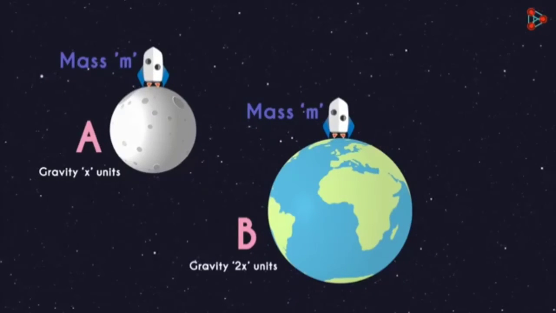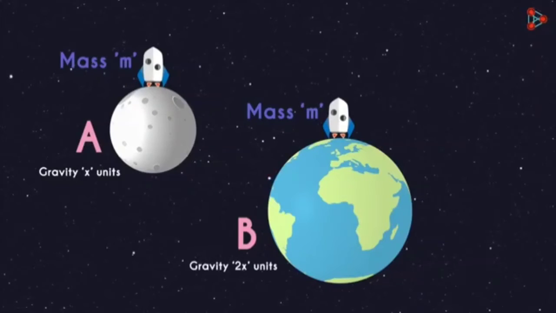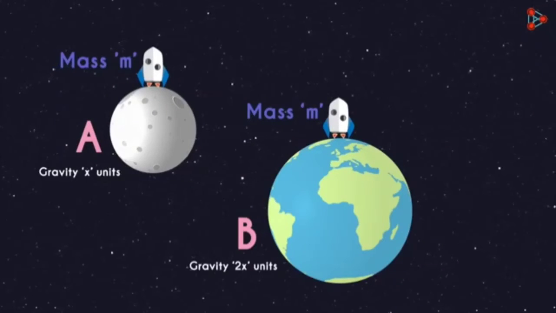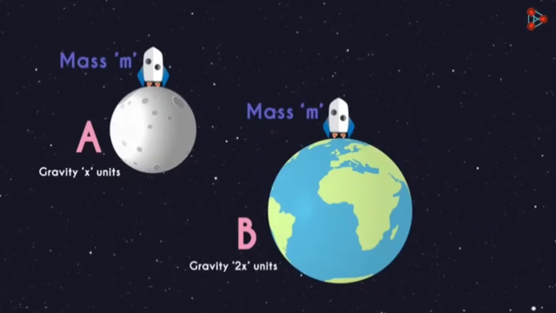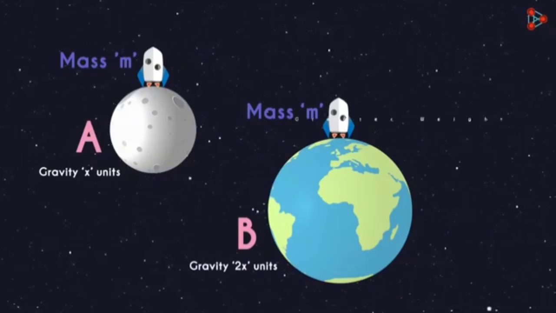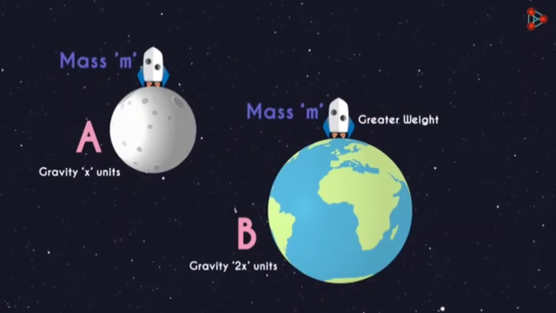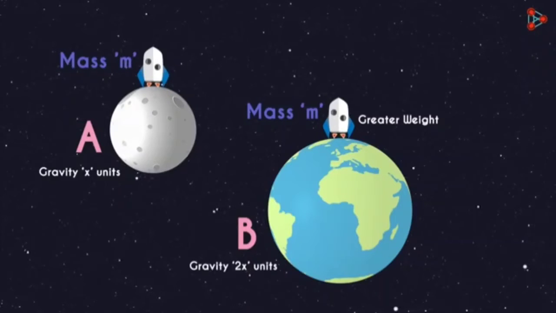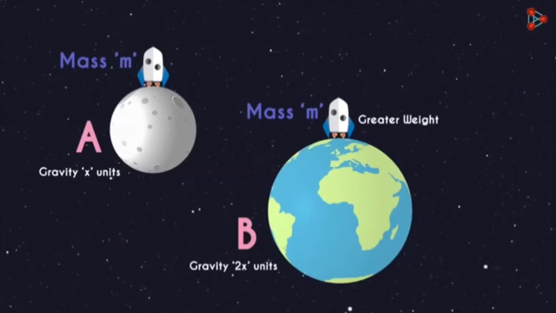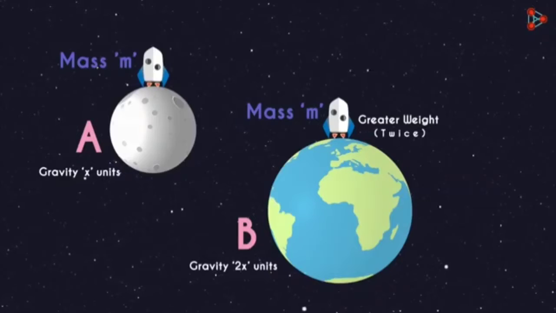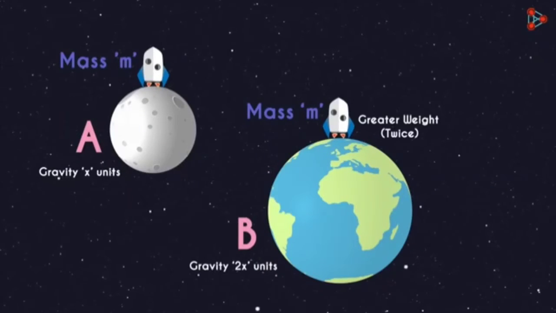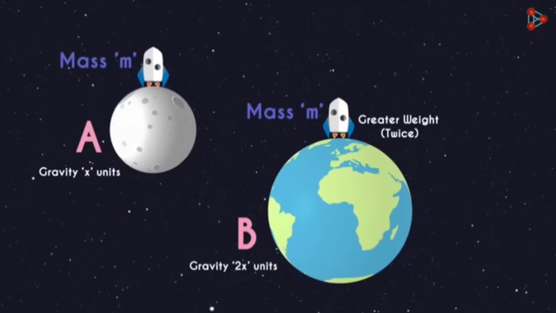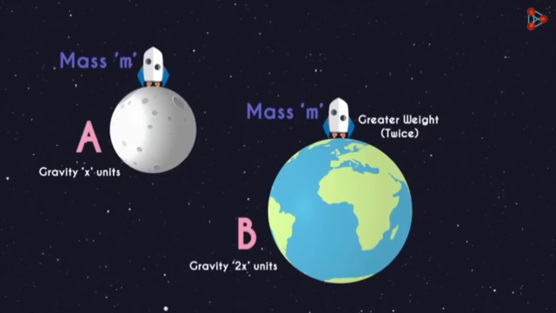So it is clear the pull of gravity is stronger at place B. Now understand this well. The mass of the object will be m at both the places, but because the pull of gravity is stronger on B, or gravity is twice at B, the weight of the object is twice as much at place B.